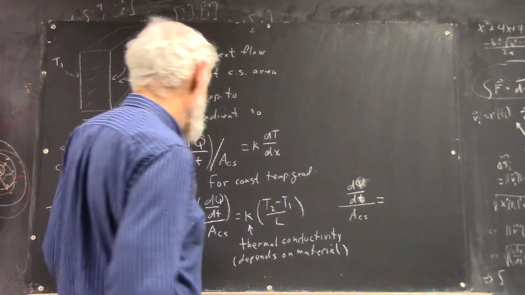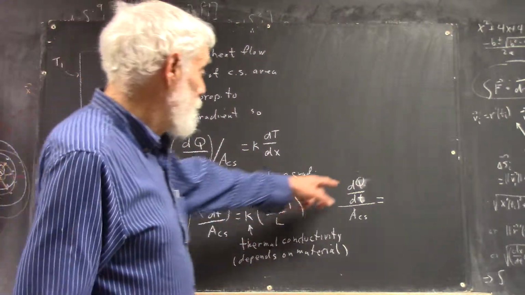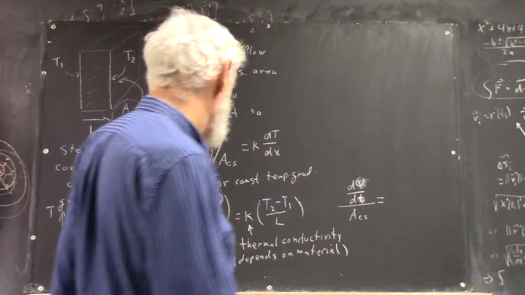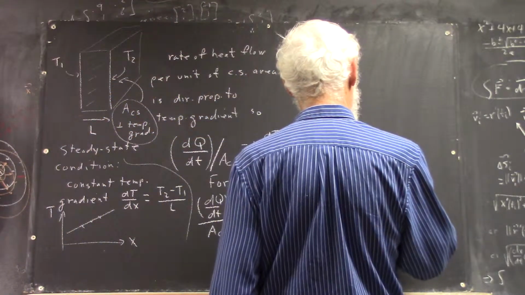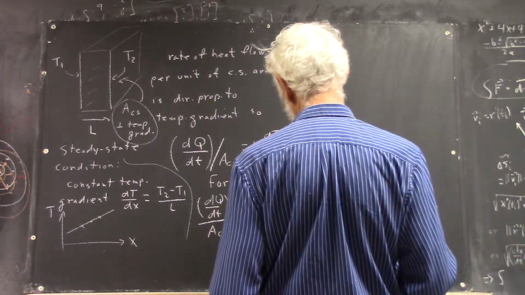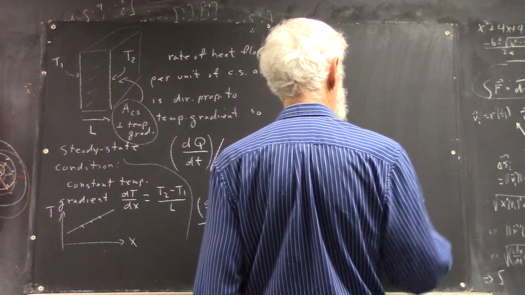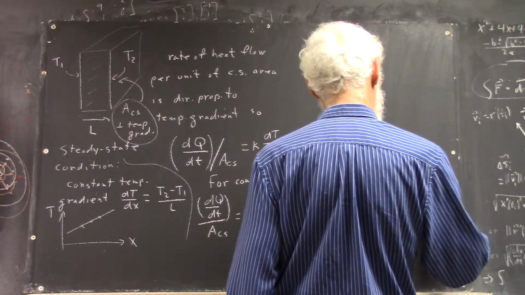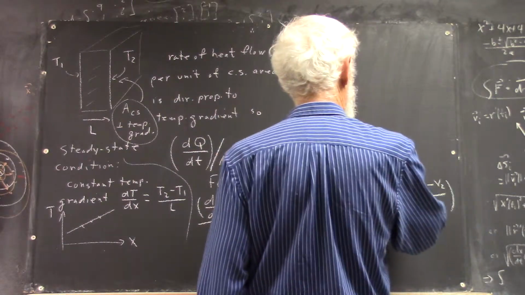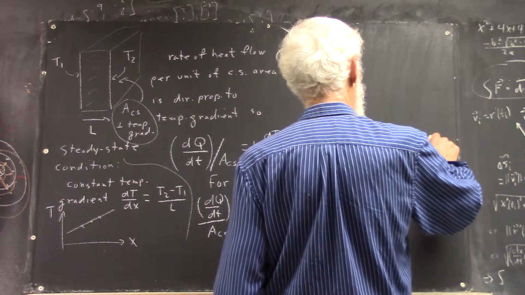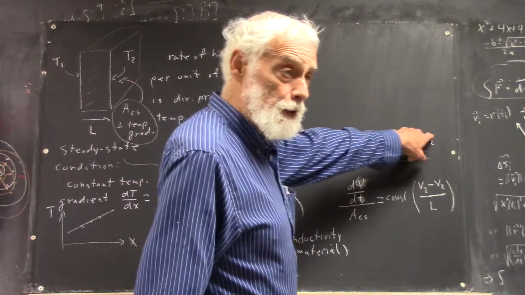Q over dt, same as this, but now Q is charge. It's equal to a constant multiplied by V2 minus V1 over L, where now you have potential V1, potential V2.